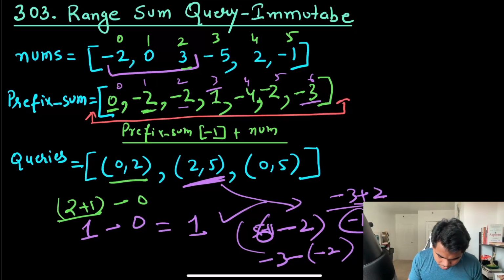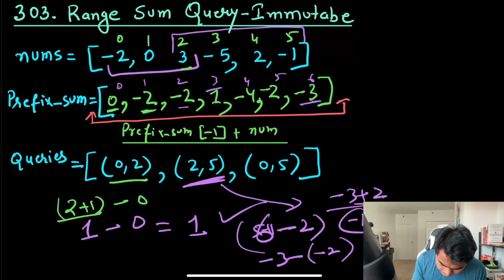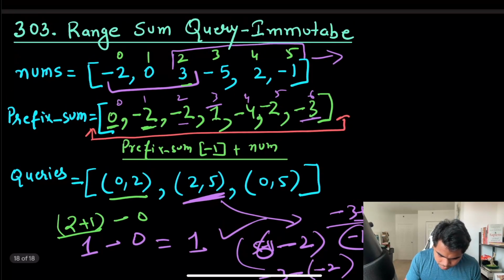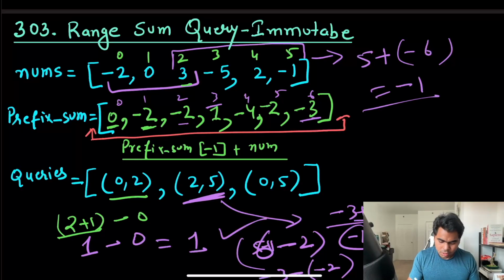So in our actual query, the sum of 2 to 5, this entire thing will give you -1, because you have 3 plus 2 is 5, and plus -6, so that gives you -1. All right, you can check it yourself. Honestly, try it yourself.